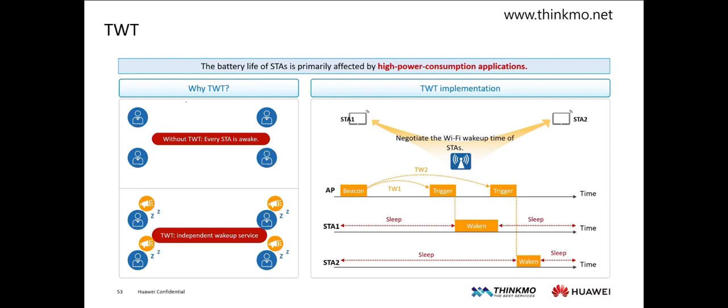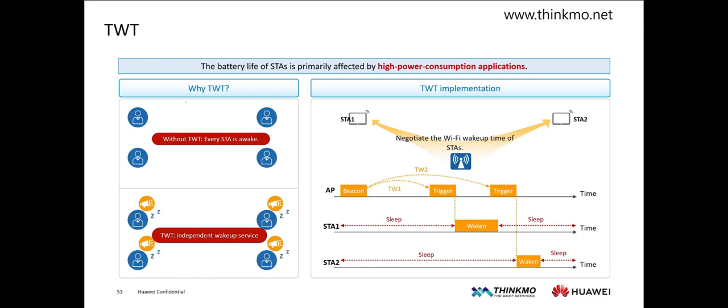There will be a schedule that indicates to the terminal when it can sleep and when it can wake up. This sleep time is usually very short, possibly just a few microseconds. But in this way, the long-term power consumption will be significantly reduced. So it also has a power-saving effect.